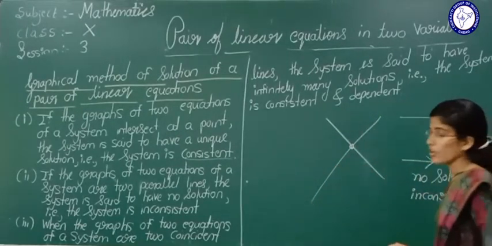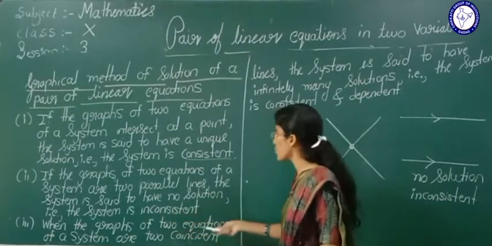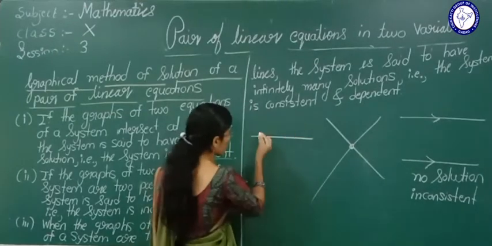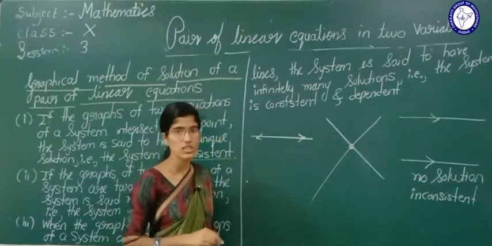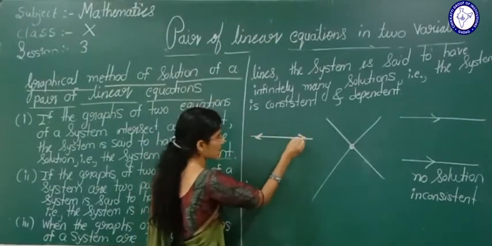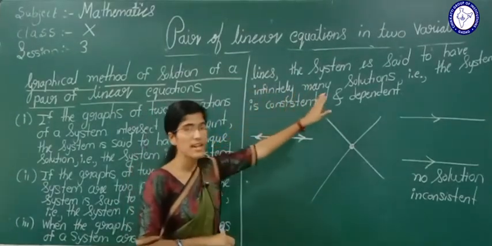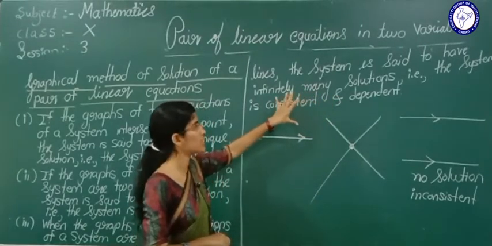When the graphs of two equations of a system are two coincident lines, when we plot two linear equations in a graph and we get coincident lines, at that time we say we have infinitely many solutions. For that system we have many solutions.